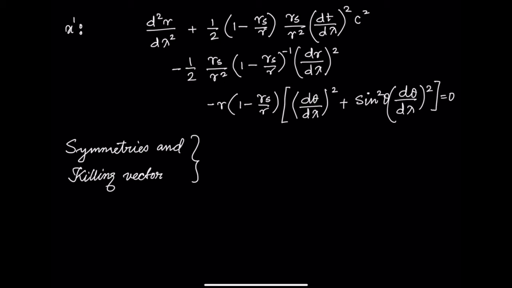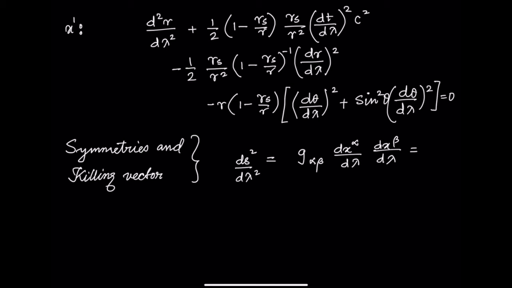The first thing you realize is that the entire thing which I write as ds square, which is g alpha beta, dx alpha d lambda dx beta d lambda, if I call it d lambda 2 as d lambda squared, this thing is constant. If lambda was tau, it is just c square.